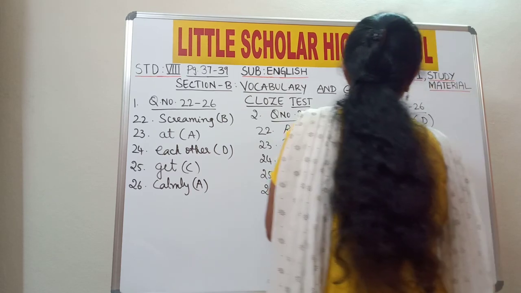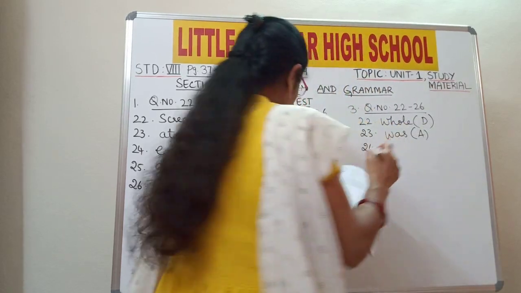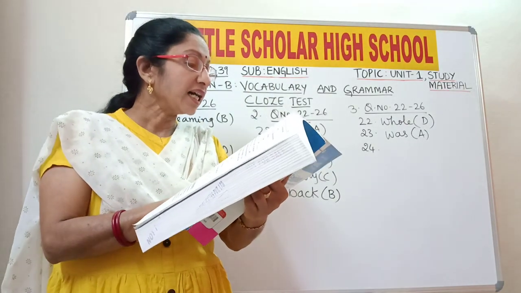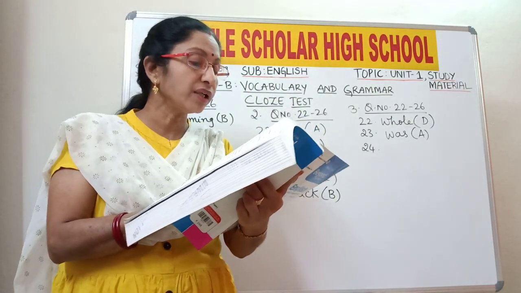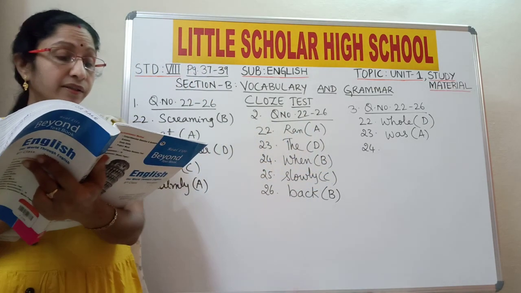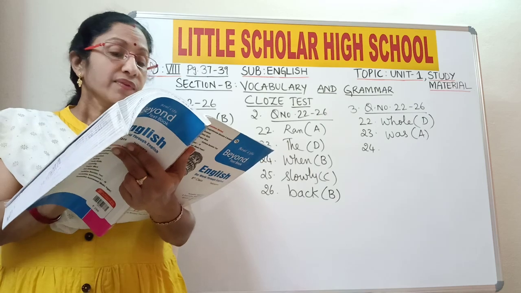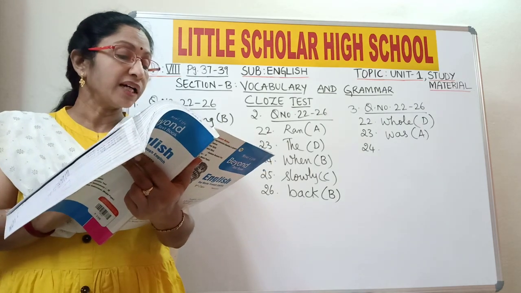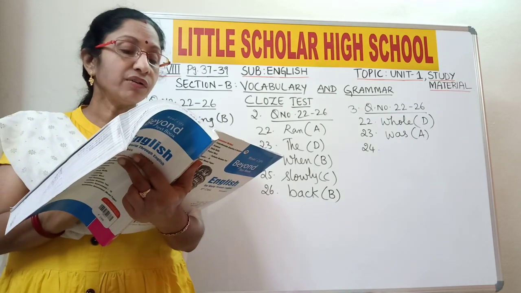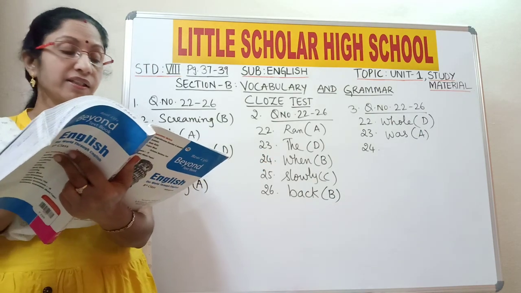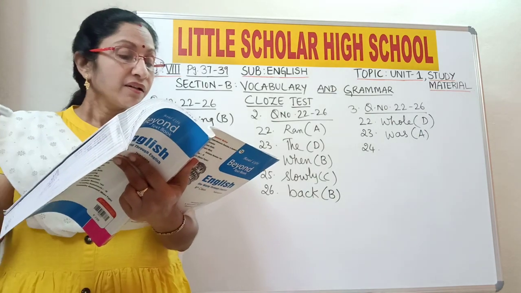The answer is was, option A. Now question number 24. We talked about Cairo. ___ wondered whether we would know it when we got there. So we are talking about a person, Cairo. We have two sentences here. We talked about Cairo.